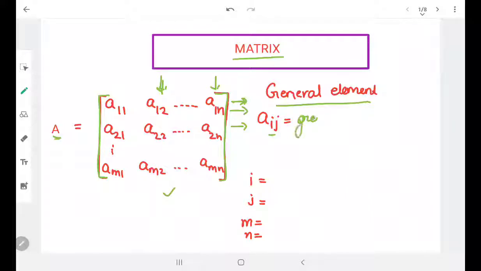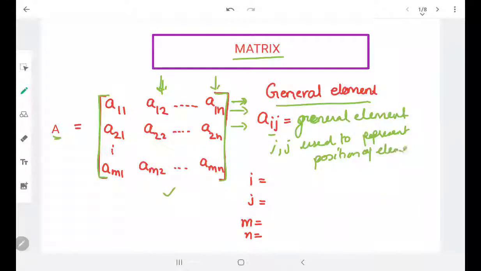This is a general element, and this i and j are used to represent the position of the element.